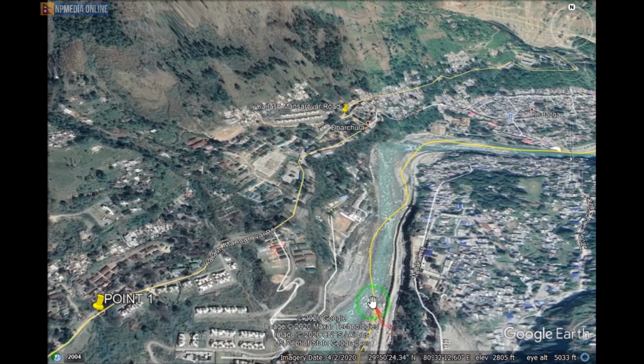The pointed yellow line represents the international border and the dim flat yellow line represents the Kailash Mansarovar road.